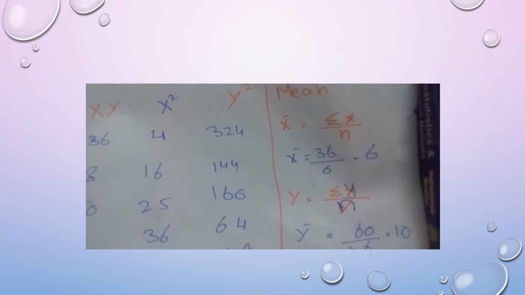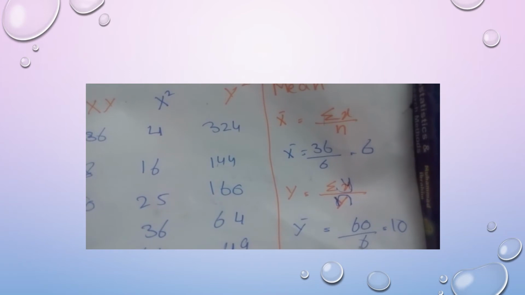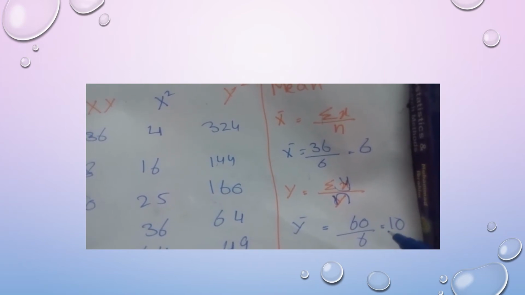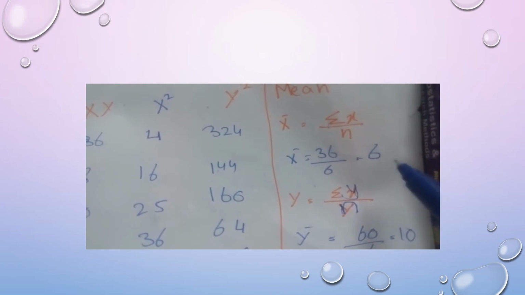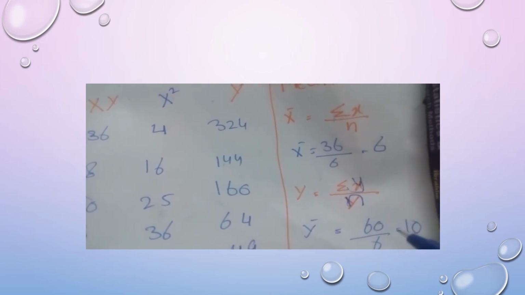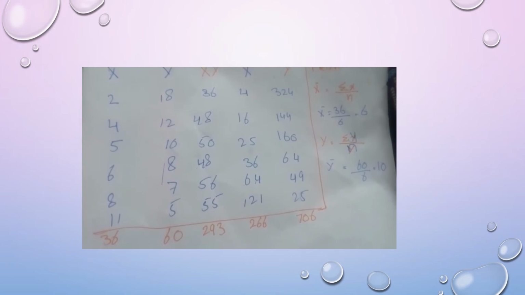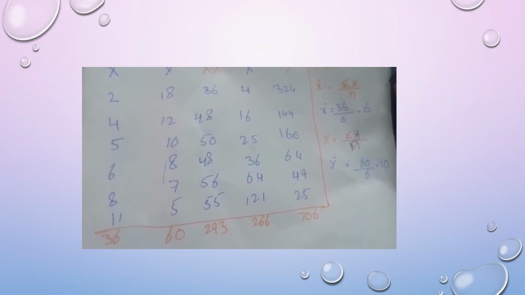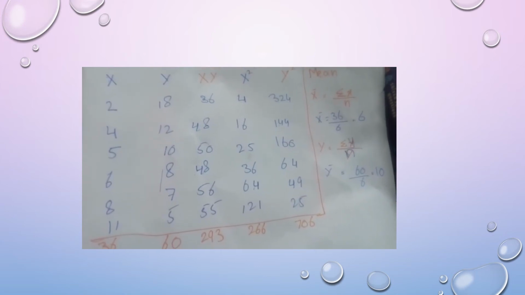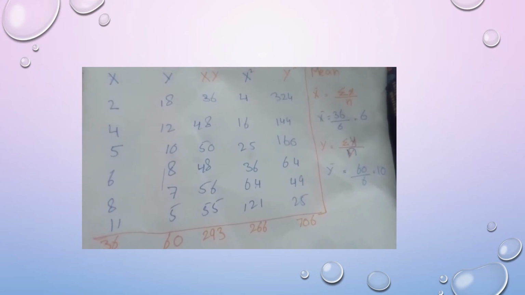N is the total number, and 60 divided by 6, the answer is 10. So the mean of x is 6 and the mean of y is 10. Sum of x is 36, sum of y is 60, sum of xy is 293, sum of x square is 266, sum of y square is 706.